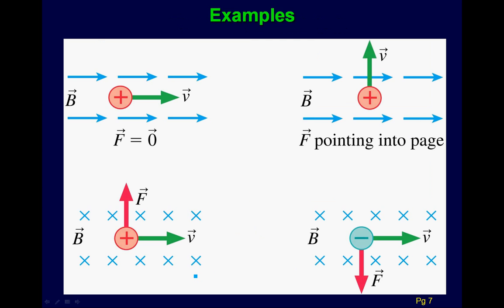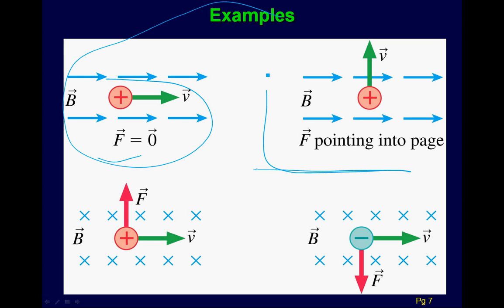If we look at the cases here, this case over here is that special case we were talking about, where the velocity and the B field are in the same direction, and the force is 0. In this case, if my thumb goes with the velocity and my fingers go with the B field, my palm points into the page.